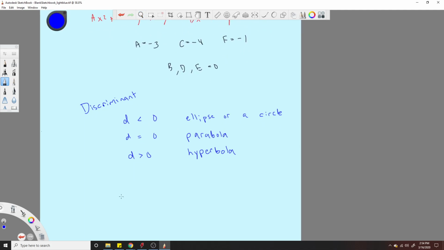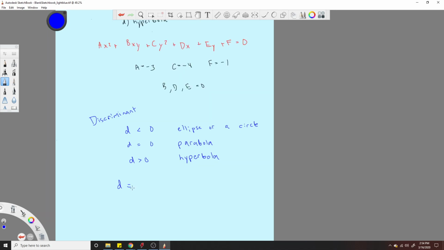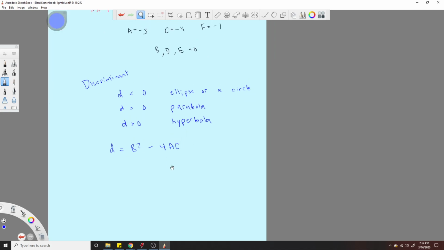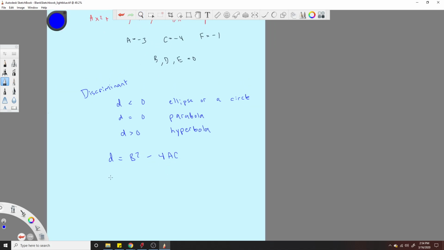and it's the problem, basically. So the equation to do that is D equals this b value squared minus 4ac. I don't actually know that one off the top of my head, but I believe this is in the handbook as well. So you would plug in your values.